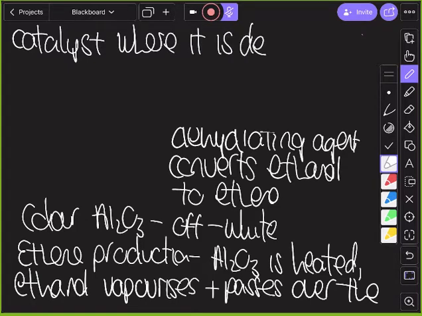The one just above the last one acts as a catalyst. So is the aluminium oxide in your book. It said role of aluminium oxide, so it says catalyst and dehydrating agent. So it's dehydrated into ethene.